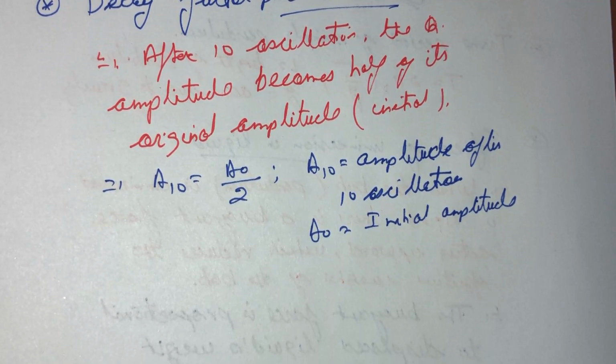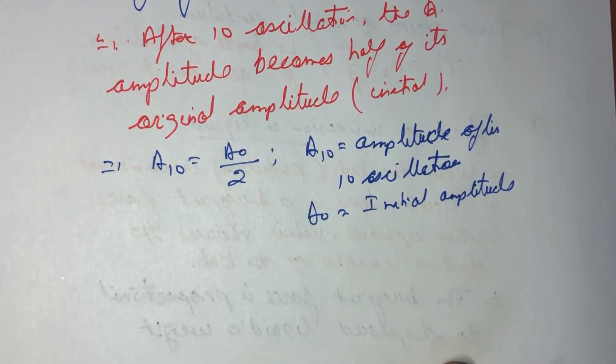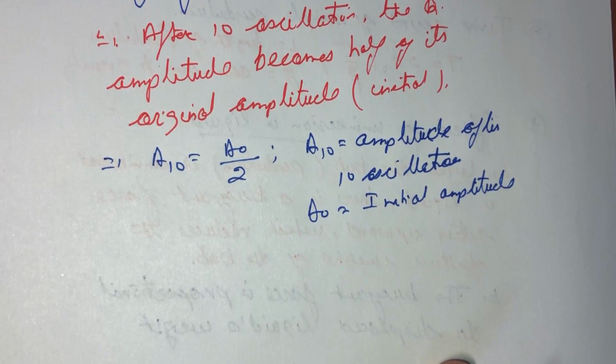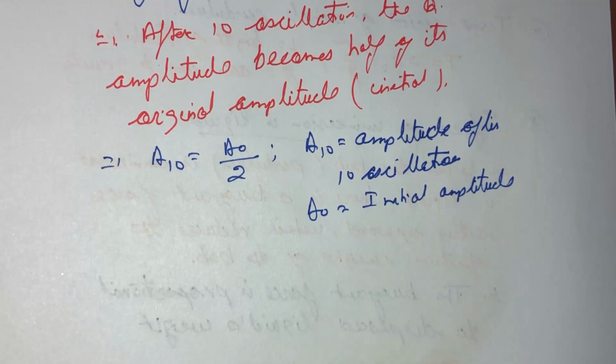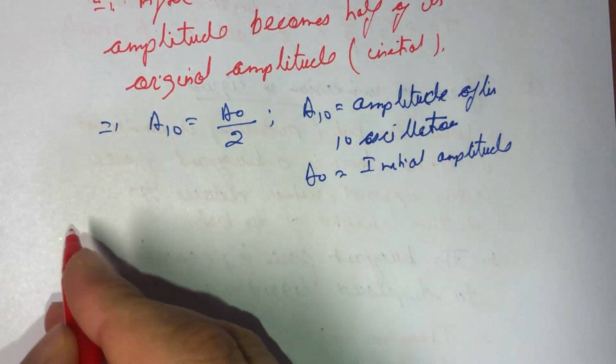And the decay factor, because of the exponential decay usually, is given as e raised to power b multiplied by n, where n is the number of oscillations.